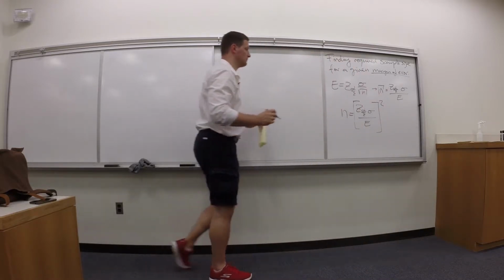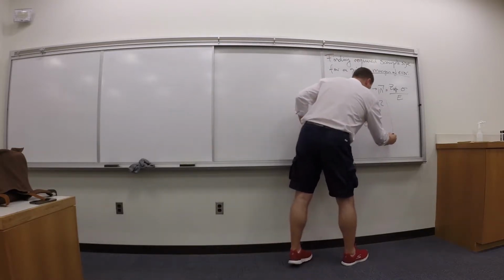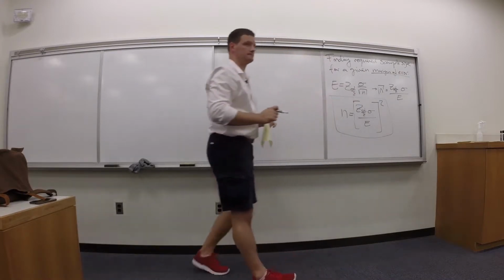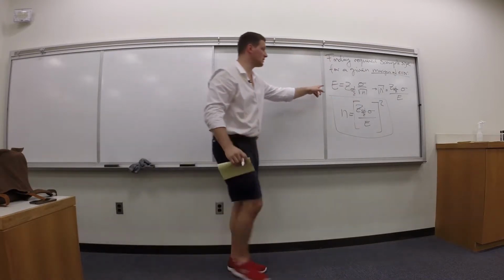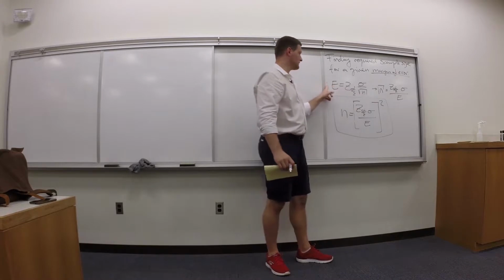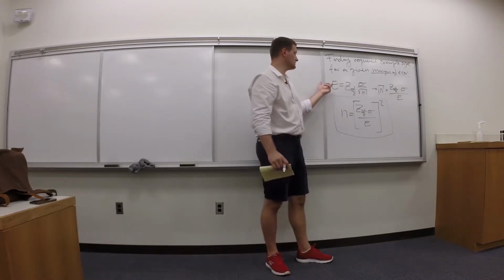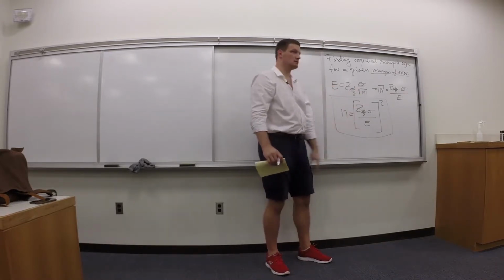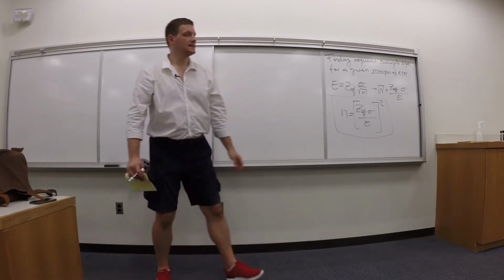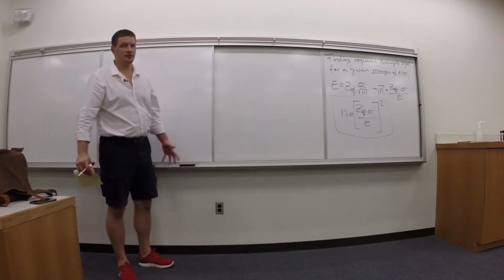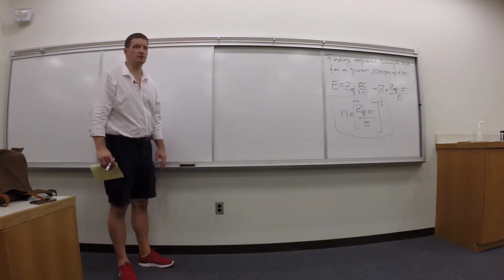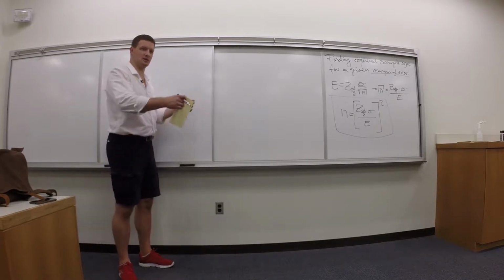And that's our formula. Again, I started from here, multiplied by the square root of n on both sides, divided by E, and then squared both sides of it. And there's a formula. And how do we use it? Well, again, you plug and chug.